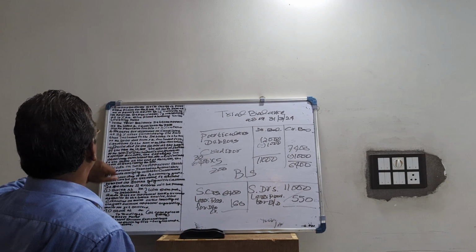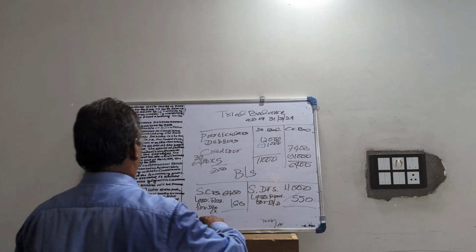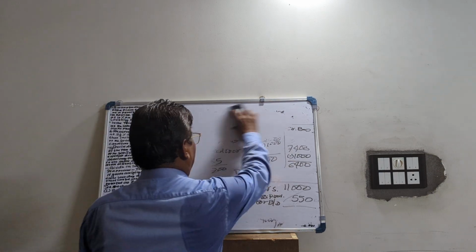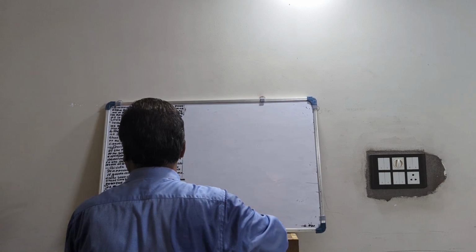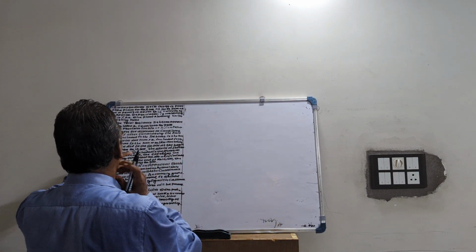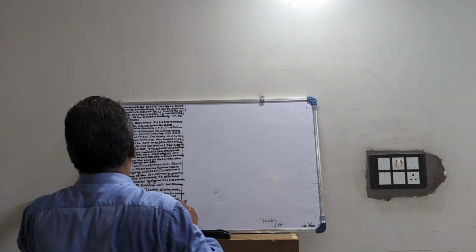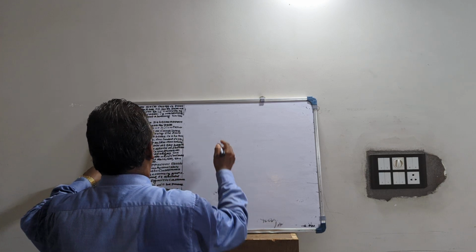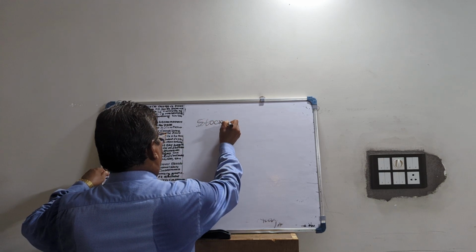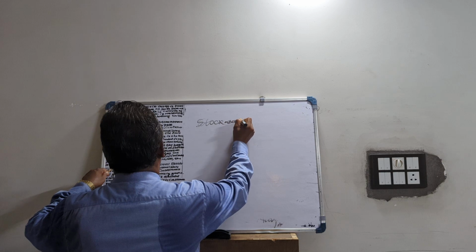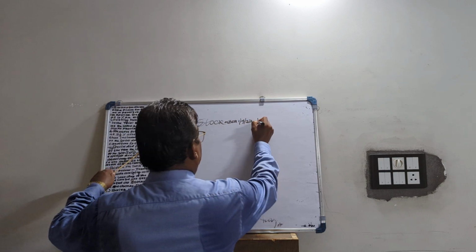Then it is given that included in the stock at the beginning of the year is 10,300. So stock as on, suppose, 1st April 23 was 10,300.